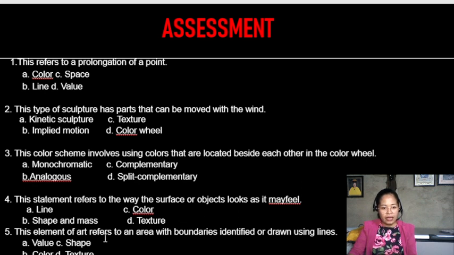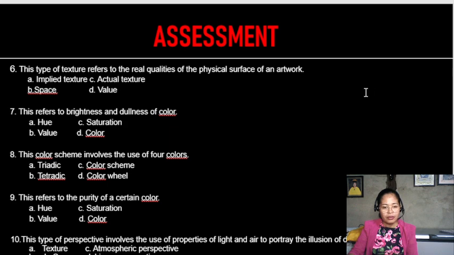Okay, and then this element number five, this element of art refers to an area with boundaries identified or drawn using lines. Okay, and number six, this type of texture refers to the real qualities of a physical surface of an artwork. Okay. And then number seven, this refers to brightness and dullness of color. And then number eight, this color scheme involves the use of four colors.